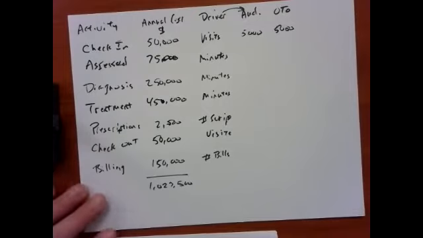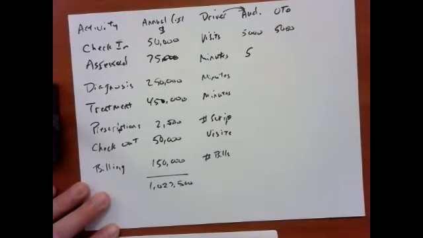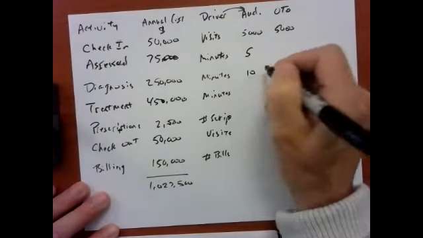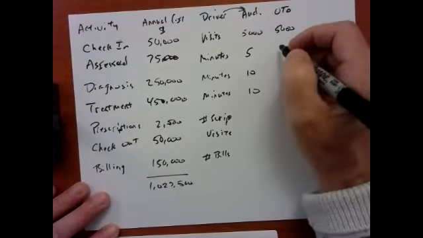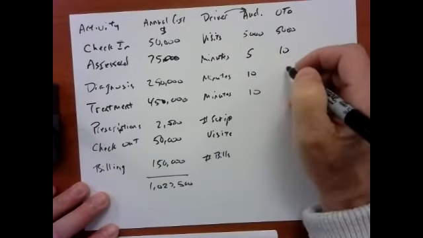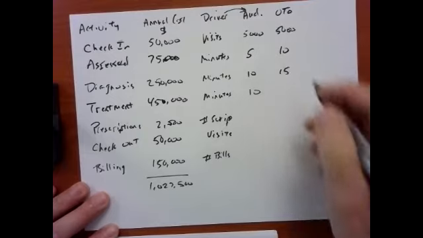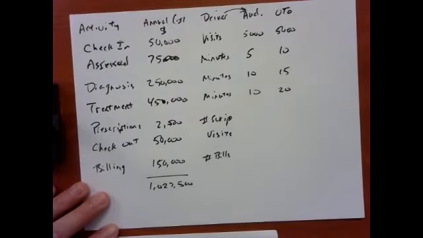In audiology, it takes about 5 minutes per patient to do an assessment, 10 minutes to do a diagnosis, 10 minutes to do treatment. In ENT, we're going to assume it takes 10 minutes to assess, 15 minutes to diagnose, and 20 minutes to do the treatment.